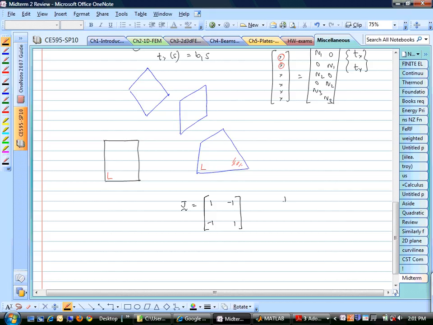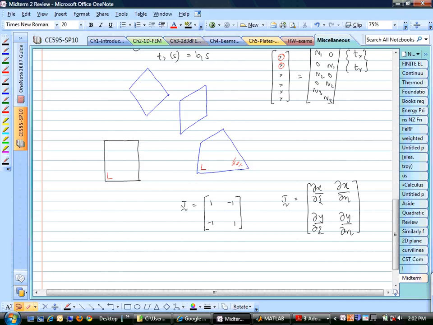If you remember, the Jacobian matrix is dx over d xi, dx over d eta, and dy over d xi, dy over d eta. So if all I'm doing is taking a square and rotating it to a new position, then x, y is a linear function of xi, eta, which means that each of these values will be some constant.